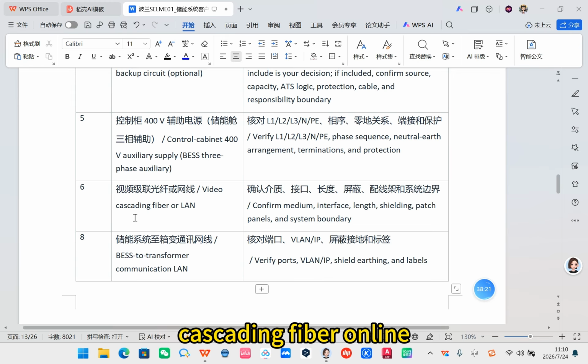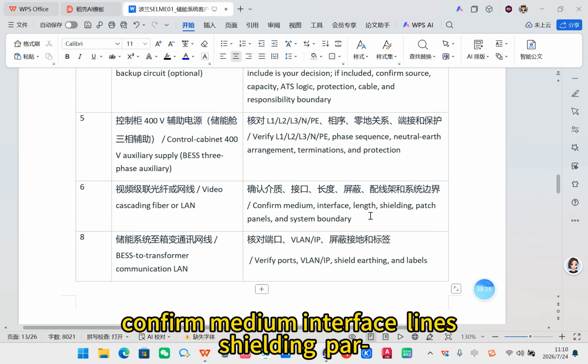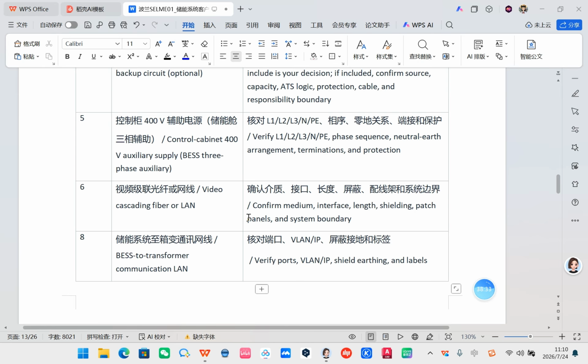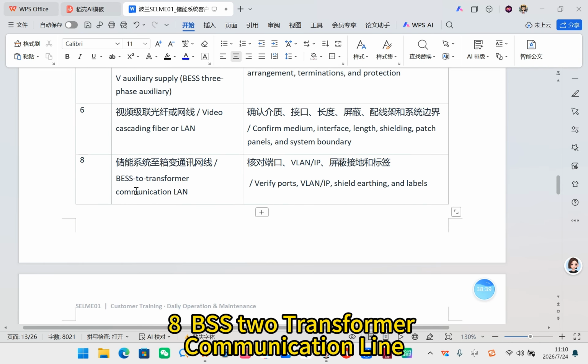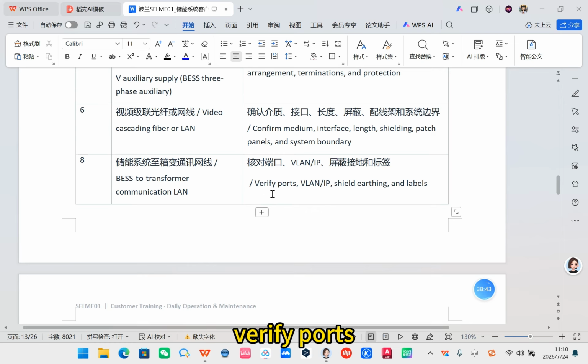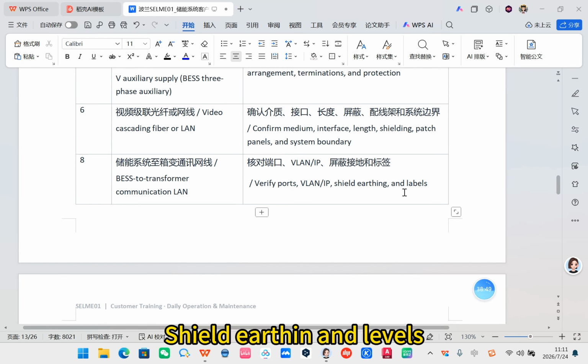Video, cascading fiber or line. Confirm medium interface lines, shielding, patch panels, and system boundary. 8. BSS2 transformer communication line. Verify ports, V line or IP, shared earthing and labels.